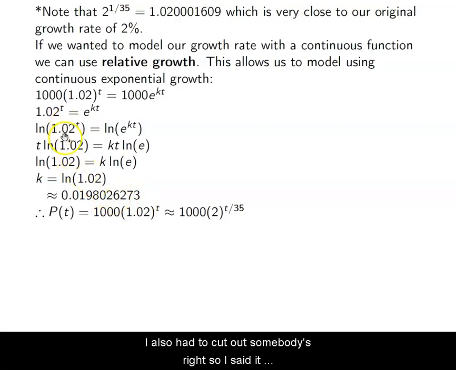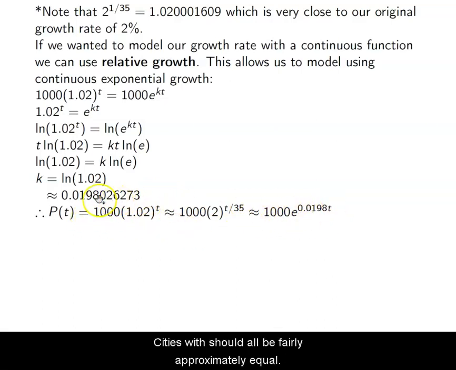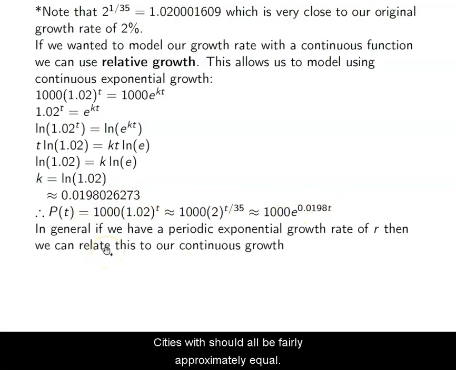So I set it equal to the 2%, not the function that I used where I had used approximations, this doubling time. I didn't set it equal to this to find the doubling rate. I set it equal to the original that had the exact value, but I did have to cut off some values here for the percentages, so this gets an approximate symbol also. Okay, so these should all be fairly approximately equal.